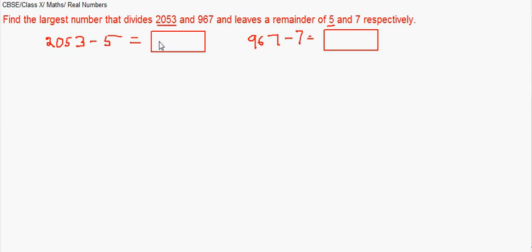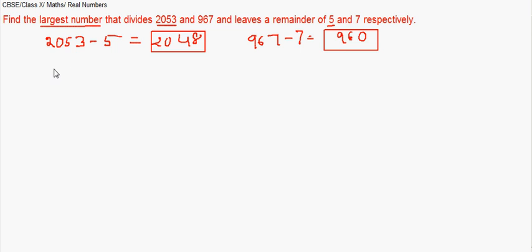So 2053 minus 5 gives 2048, and obviously 967 minus 7 gives me 960. These are the numbers which are exactly divisible by the number we will be calculating. Because it is asking for the largest number, we'll be finding the HCF of 2048 and 960 by applying the division lemma, or the algorithm.